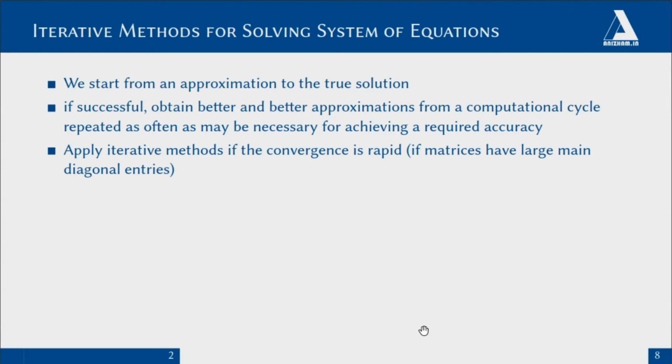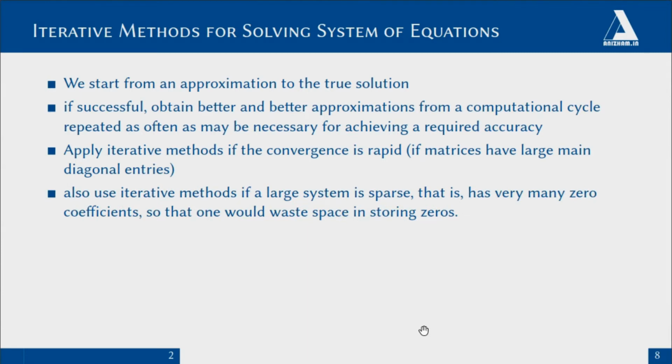If the main diagonal entries do not contain the largest elements, then it is better to go for the direct methods. Again, we can use the iterative methods if a large system is sparse, that is, it has many zero coefficients, so that one would waste space in storing zeros.